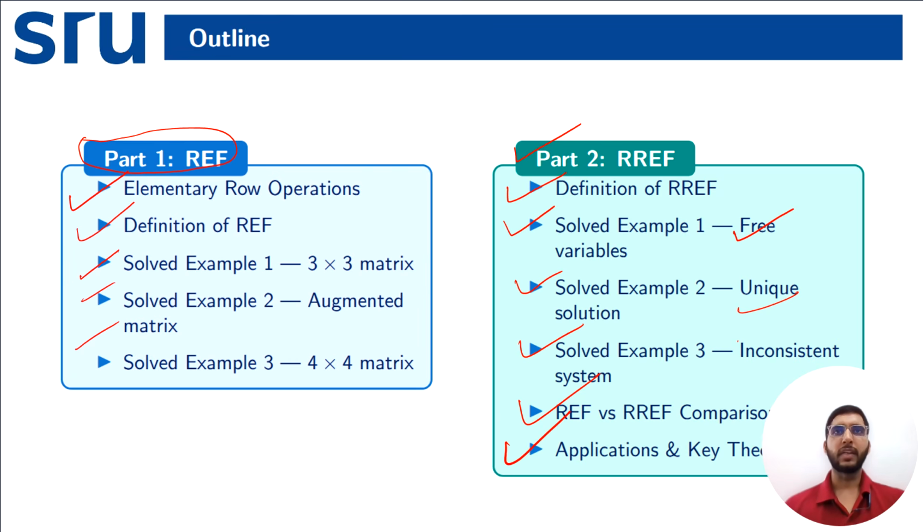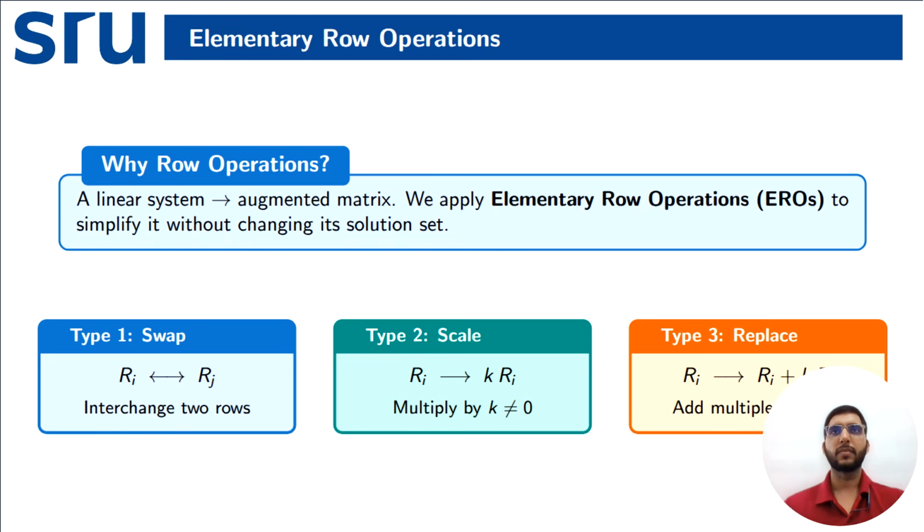Now, the first concept we must understand is elementary row operations, because these operations are the tools we use to transform matrices. Whenever we solve a system of linear equations using matrices, we usually write the system in the form of an augmented matrix.